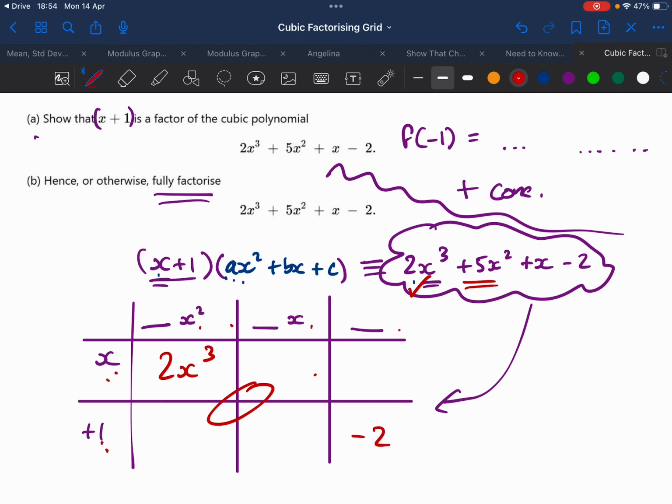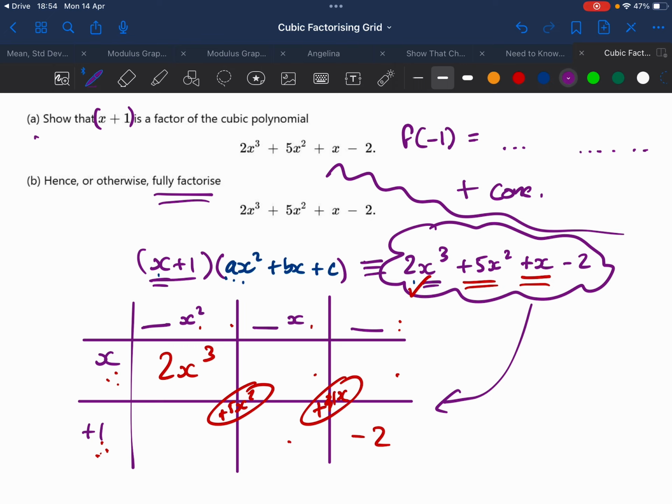So the 5x squared is actually made up from two boxes. And the 1x also has the same thing. It's that box there and that box there. So these are a little bit more difficult. You probably don't actually have to write this down. You probably just do this in your head, but it's a bit of a guide for you.